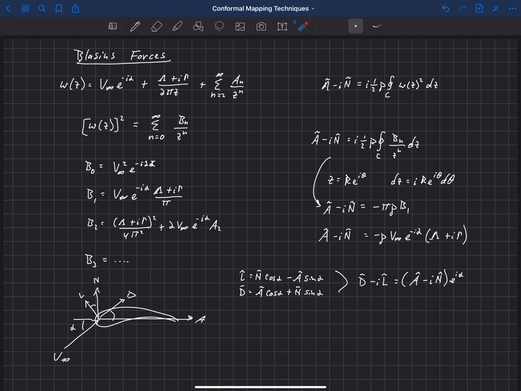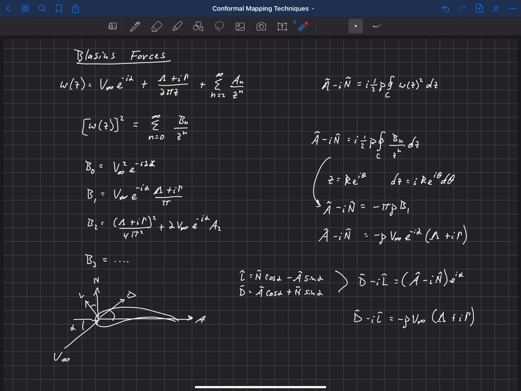And what we'll find is that the drag minus i L is equal to negative rho v infinity times lambda plus i gamma. Okay, so this is the drag and the lift.